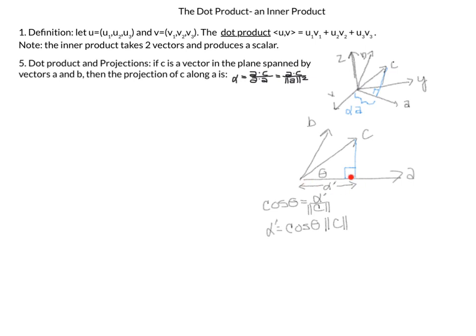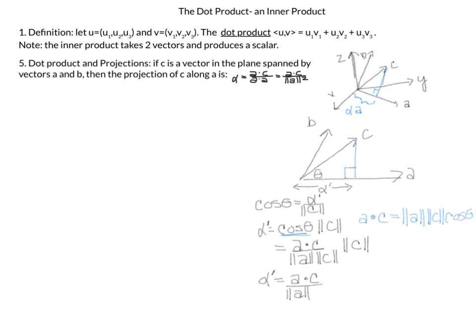If I want to look for the length of this component of C on A, or the projection of C on A, and again, I'm only looking for the length, I'm not adding the direction of the vector, I can notice that the angle between C and A, the cosine of that angle, is equal to my alpha prime over the length of C. Solving for alpha prime, I get alpha prime is equal to cosine of theta times the length of C. But I also know from my inner product that A dot C is equal to the length of A, the length of C times cosine of theta.